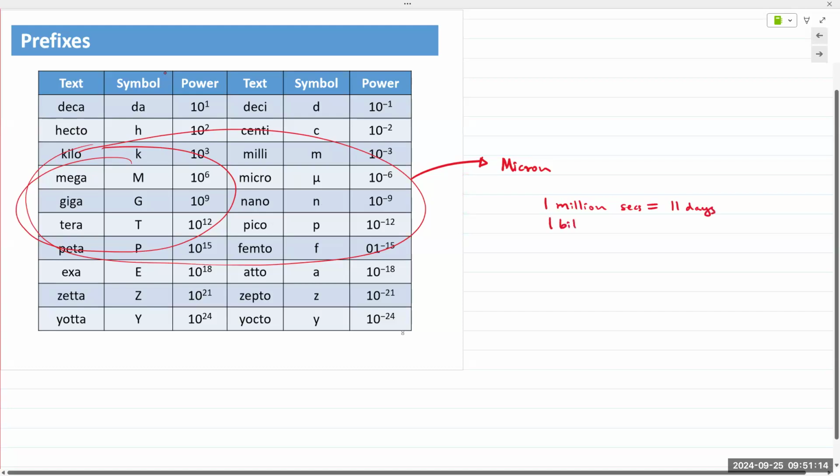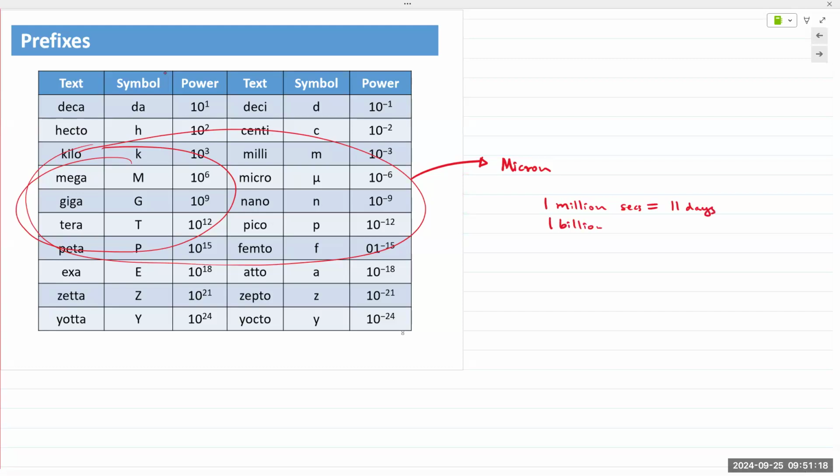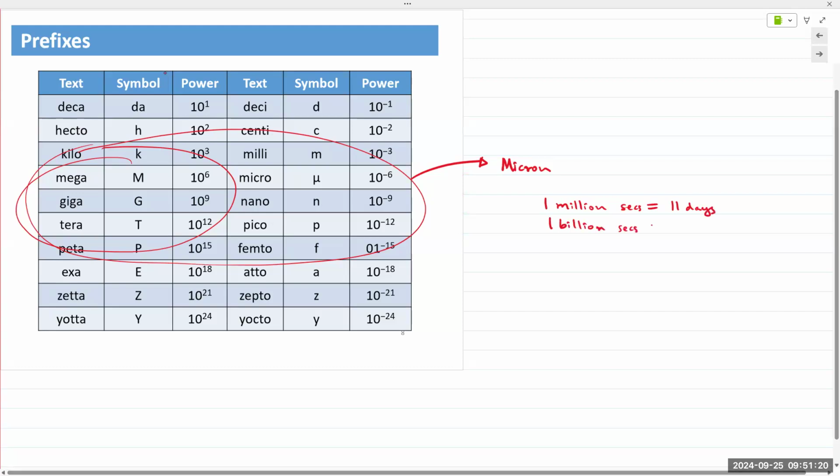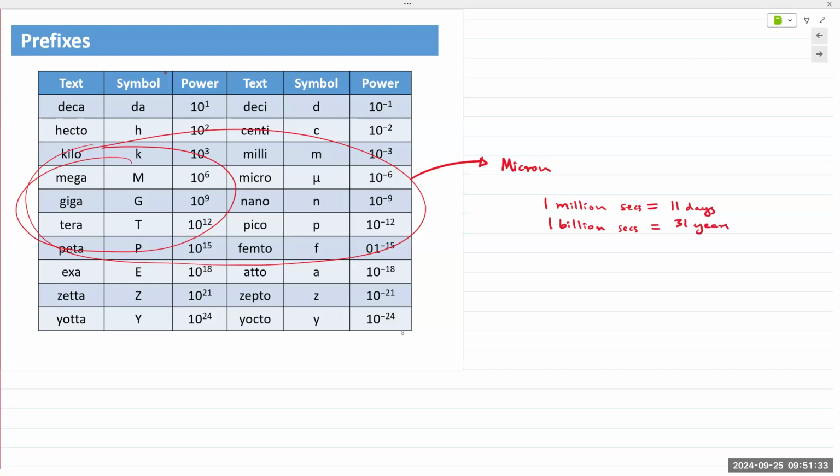How much do you think is 1 billion seconds? It is 31 years. I was just saying the answer was correct. That's the difference between a billionaire and a millionaire.